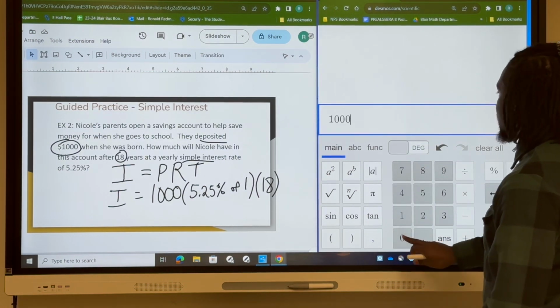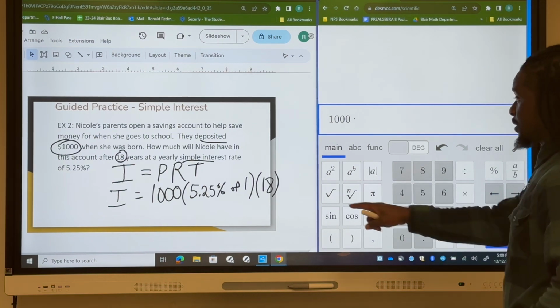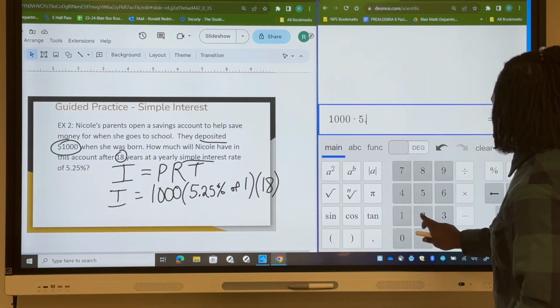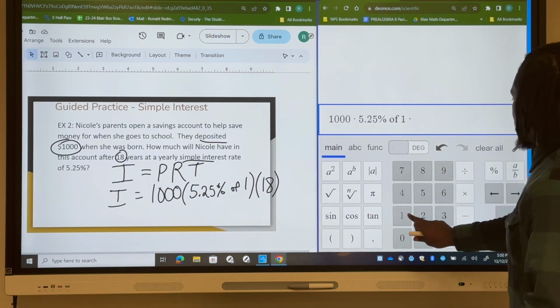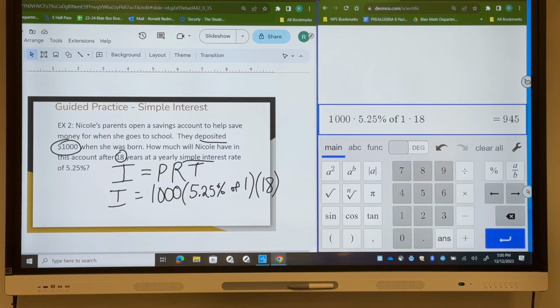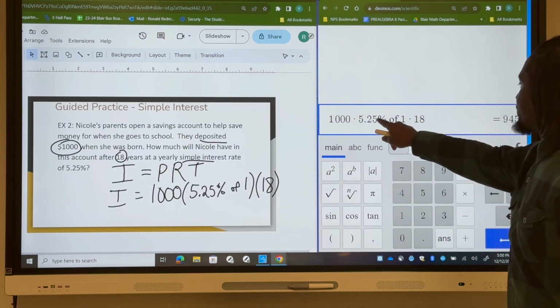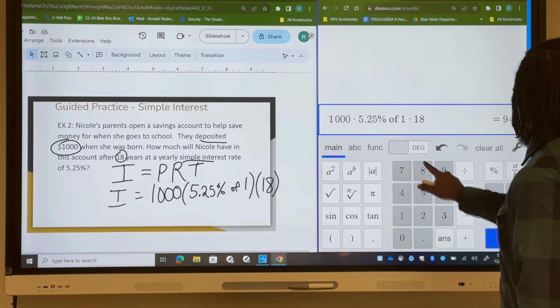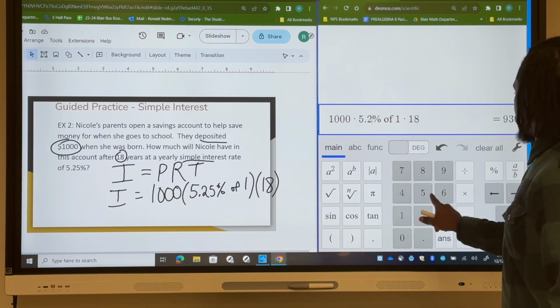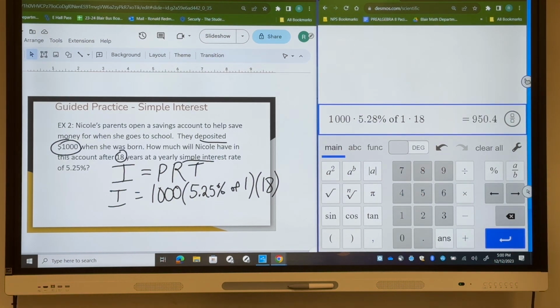So I got 1,000 times 5.25%, percent of 1, times 18, and that gives me my answer. Oh, sorry, I made a typo there. I put in 25, it should have been 28.